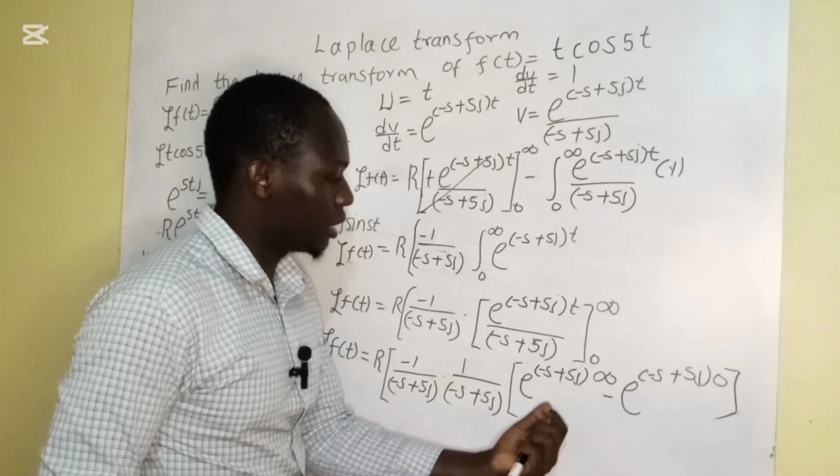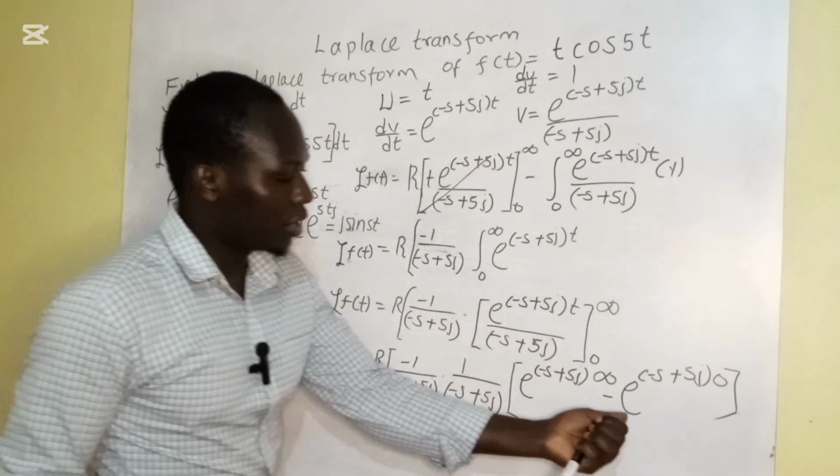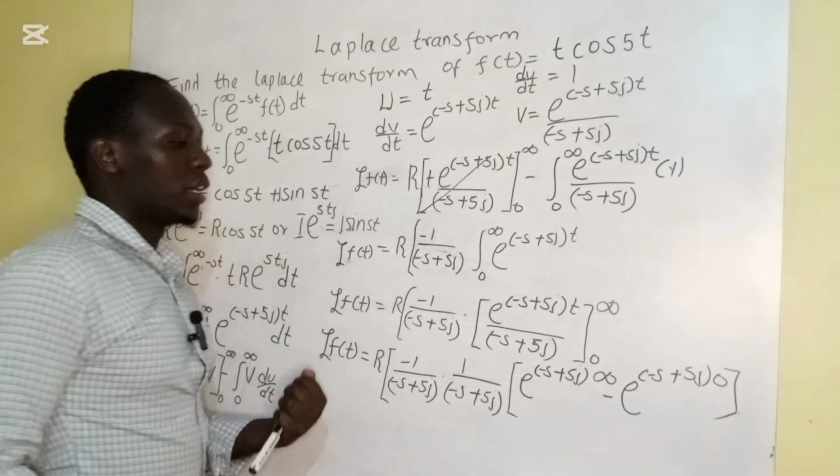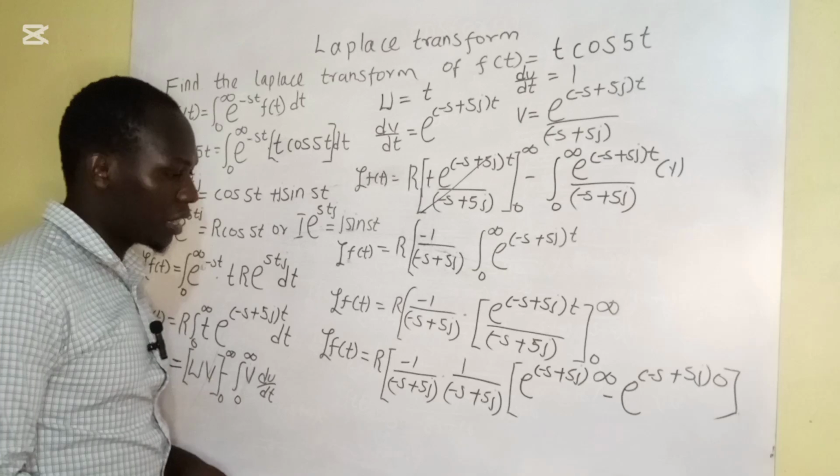Here we agree that anything raised to a power of infinity is going to be a 0, and here we are going to have exponential raised to a power of 0 is going to be 1.